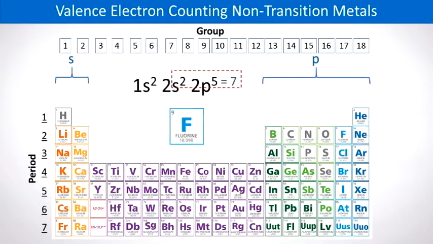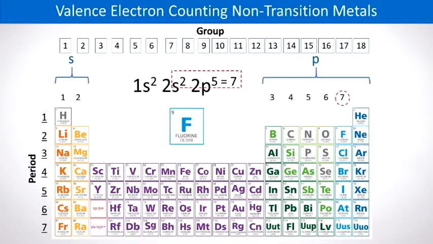We can obtain the same answer by simply counting the number of electrons starting with the s orbital of 1, 2, and continuing through the p orbital 3, 4, 5, 6, 7.